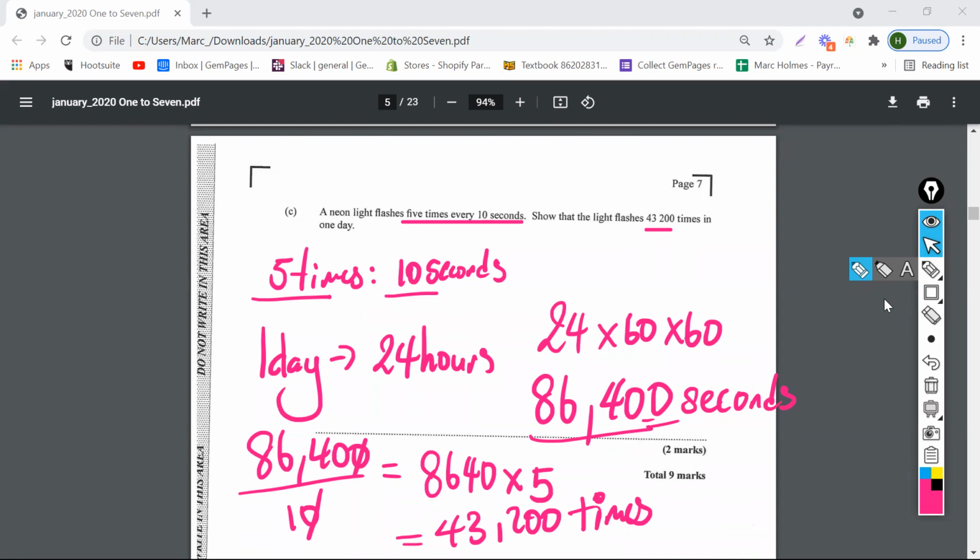Yes, sir. All right. What I did was I put the 5 times equals 10 seconds and I divided that and it went to 1 time equals 2 seconds. Then I did the 1 time times 43,200 to get 43,200 times. Then I just times that by 2 to get the 86,400.